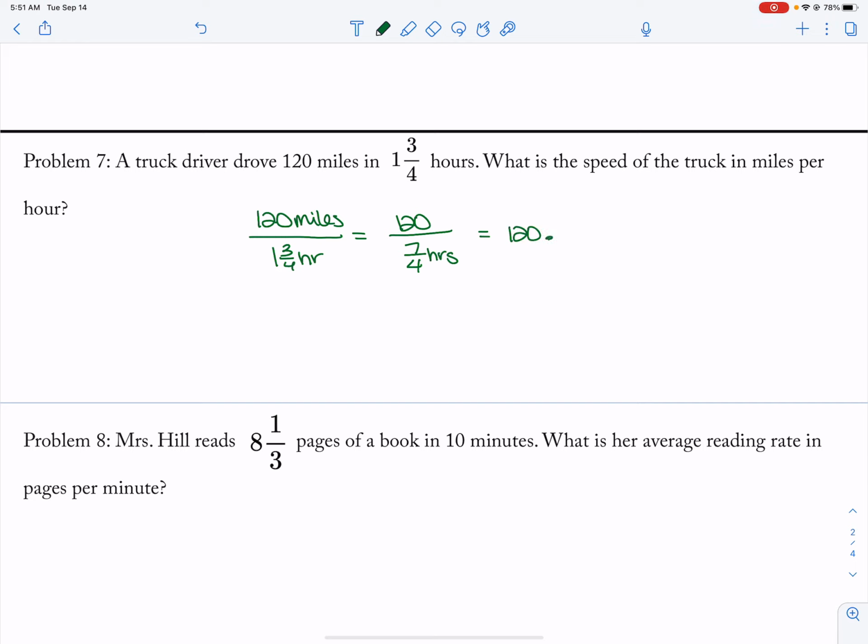So 120 times 4/7. So 120 times 4. Again, when you do arithmetic, you can do it off to the side. So that's 0, 8, 4. So 480/7 miles per hour.